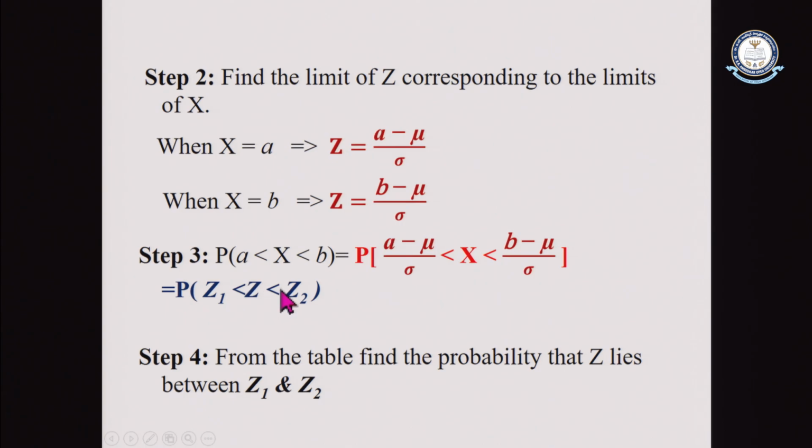Now, from the table find the probability of z lying between z1 and z2. Based on these z1 and z2 values, we get the solution, that is, the area between z1 and z2 in the standard normal tables.